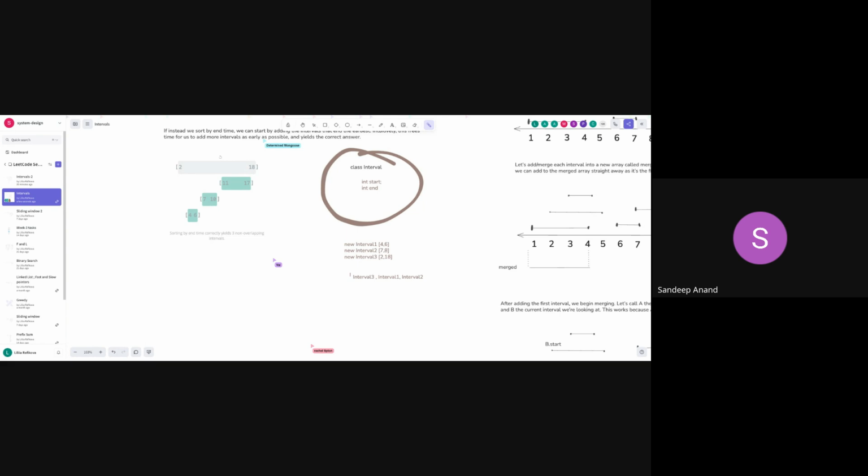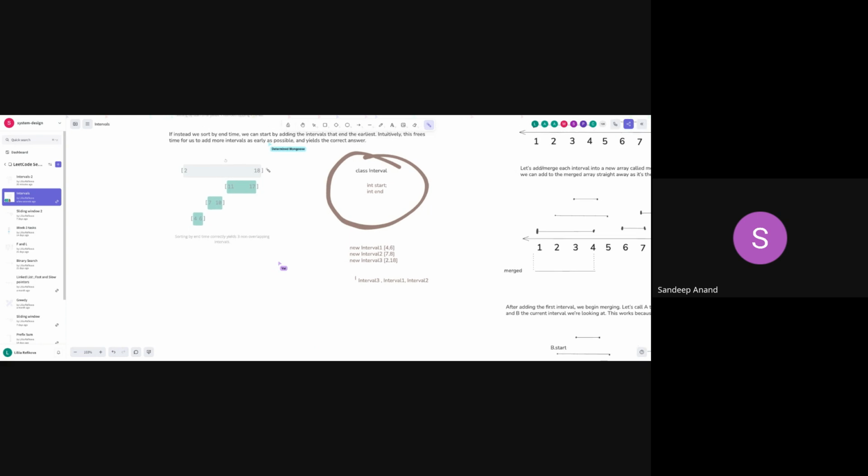Lilia, sorry, just one question. So our objective is, when we have different intervals, we have to come to a final interval with a start and an end, right? So in this case it will be 2 and 18, because the others are all included in that interval.